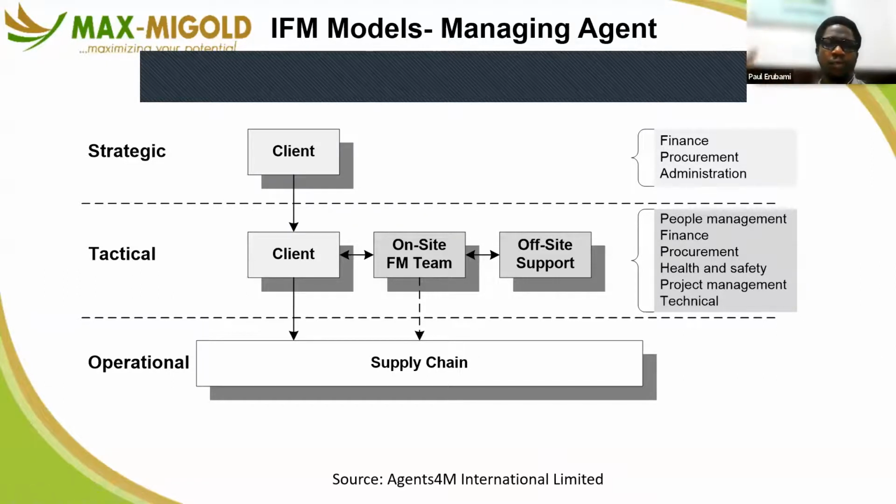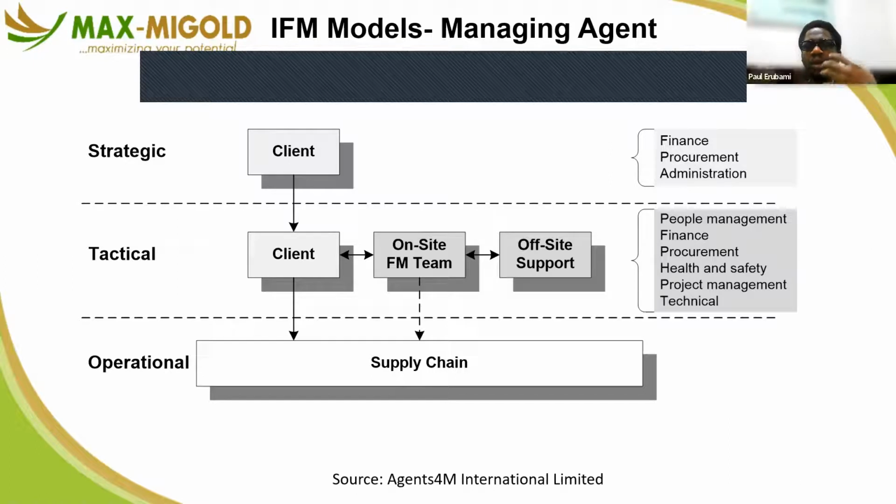At the strategic level, I want to outsource all the other management to a support team. As I'm outsourcing to the support team, I'm not outsourcing my own management of the contractors. So that's where it starts from. The managing agent is a supervisor of the contractor, but the contracts are still held by the client.